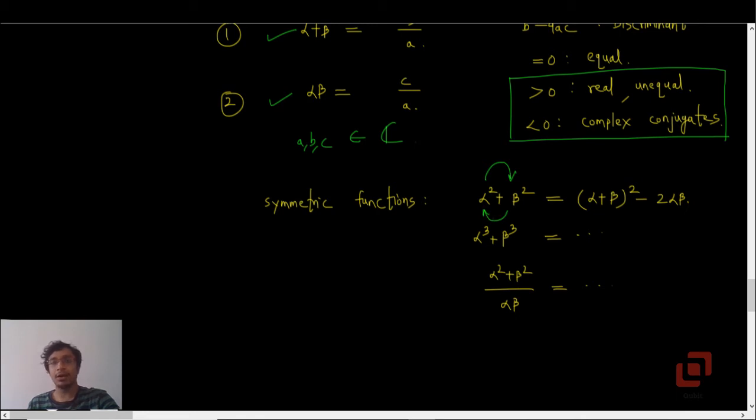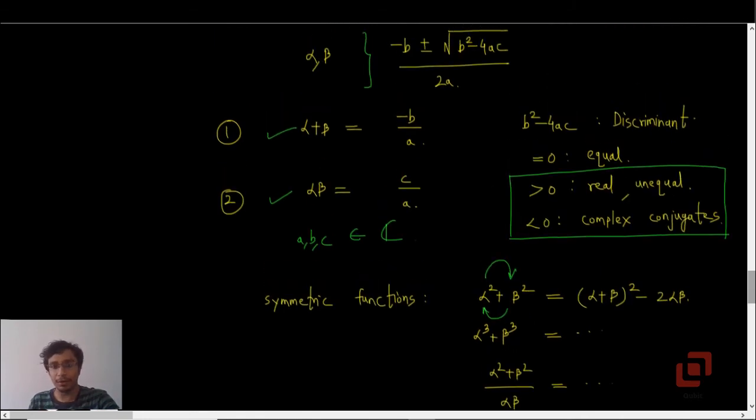All such problems are supposed to be solved with the help of the formulas which you had developed in your school: sum of the roots and the product of the roots. So basically you have to express the function's definition in terms of the sum as well as the product.